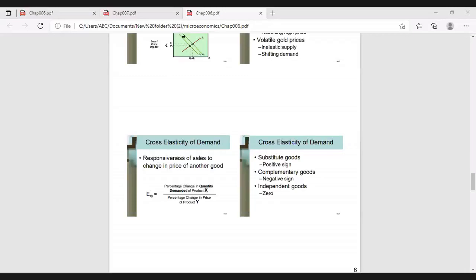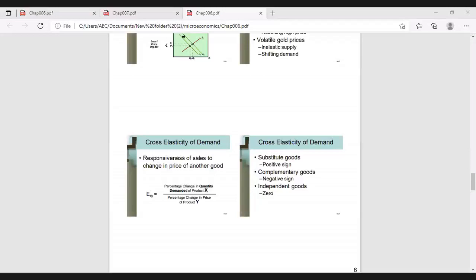So they move in opposite directions: when the other commodity's price increases, this commodity's demand decreases, and when it decreases, quantity demanded increases. Then the coefficient sign is negative. If the coefficient sign is negative, these two commodities are complementary goods.